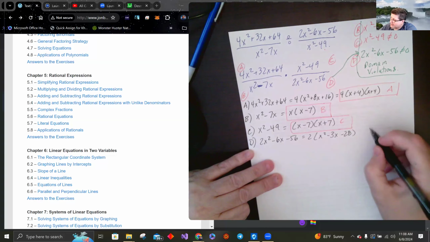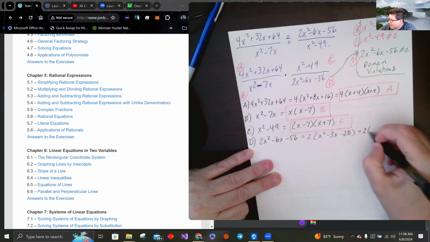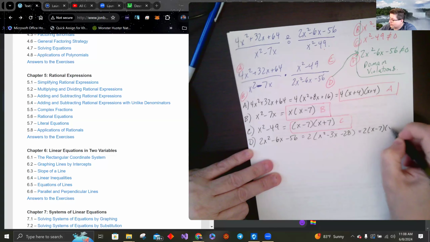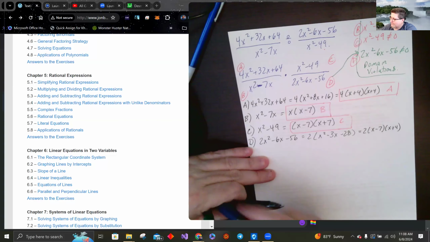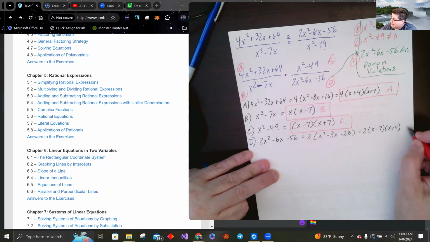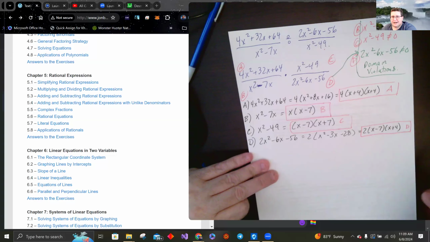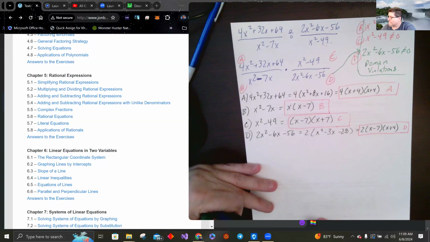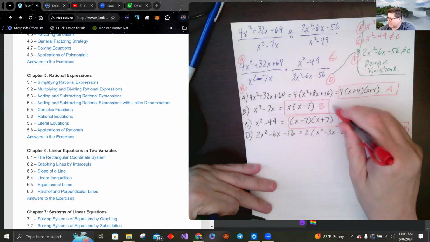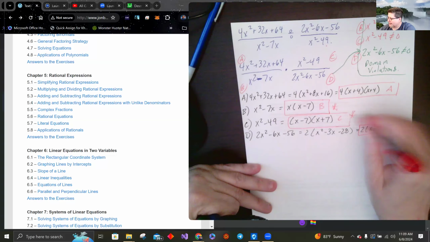Oh, that's a little bit easier to see. This should be x minus 7, x plus 4. Go through and do what you need to do to confirm those. But you already know how to factor. We did an entire chapter on it. We're not going to recover it here. All right, so these are my domain violations. We'll take a look at them at the end.